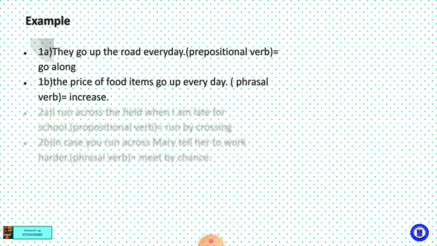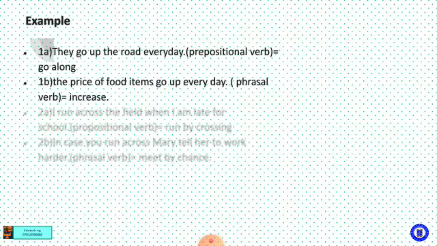So you see the difference here is that whereas you can understand this one literally by looking at it, you know what go up means, to move up along, here you can't just say that this one is moving, it is performing a locomotive movement. No, here it indicates increase. All right, increase in price.